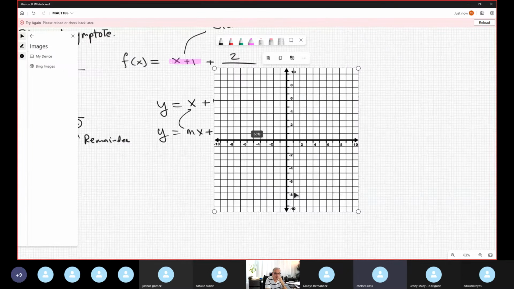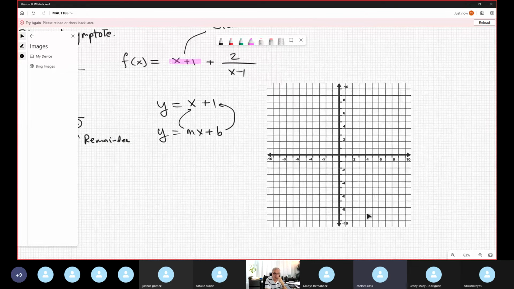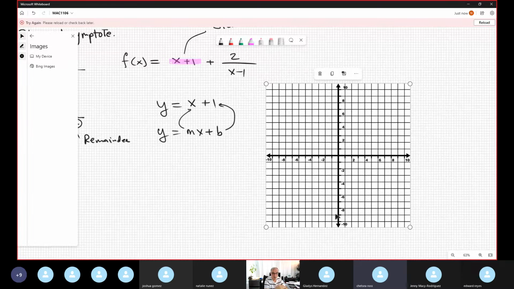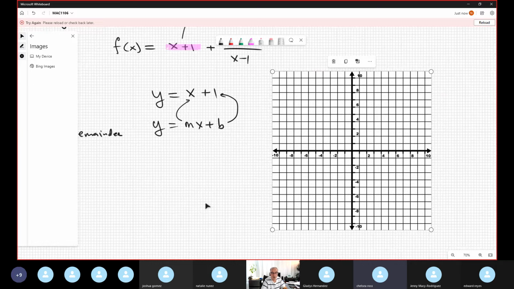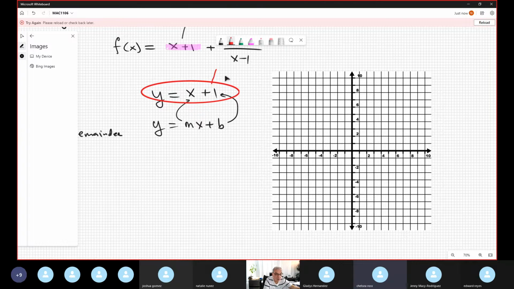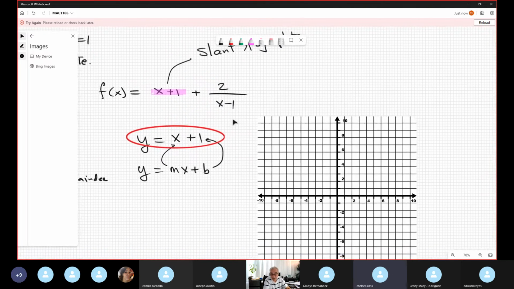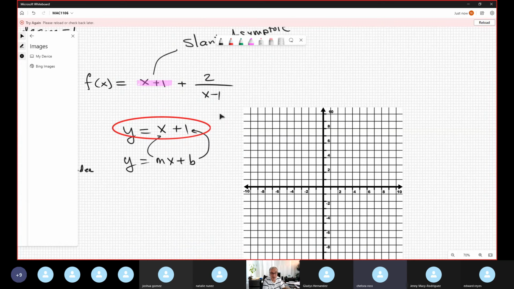Wow. This is my rectangular coordinate system. Okay. So I can see clear like water that this equation corresponds with the slant asymptote part. It's obvious that it's a line. And if it's a line and it's an asymptote, it's a dotted line.